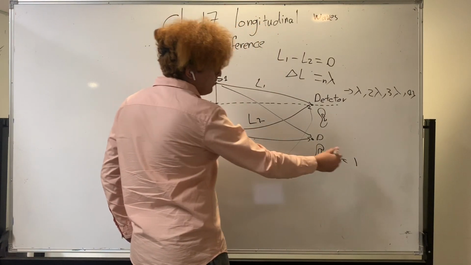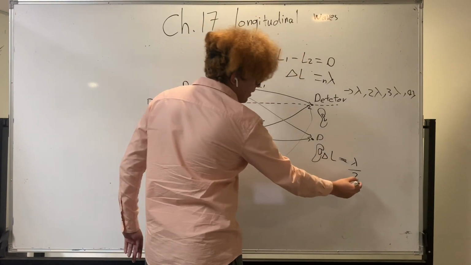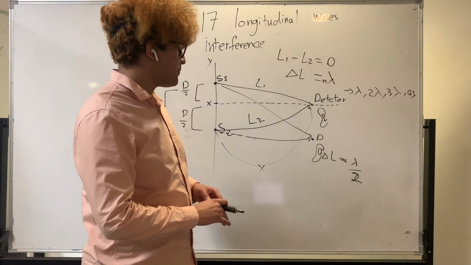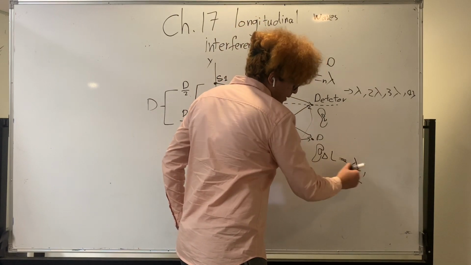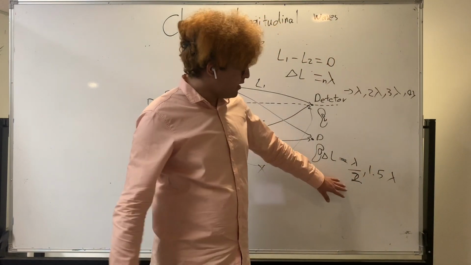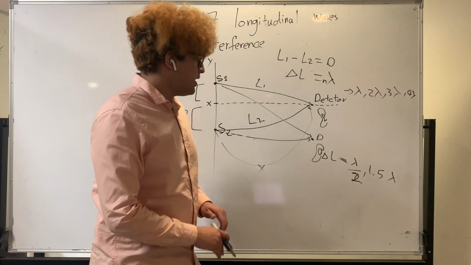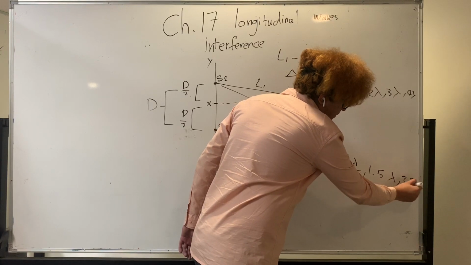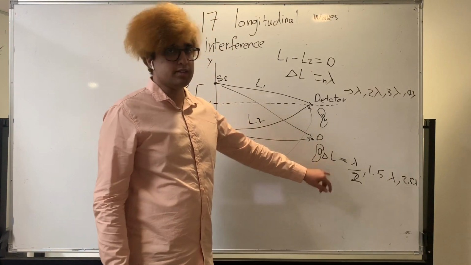And if the change in distance is equal to half of lambda, then we're going to have completely destructive interference. If you add 1 lambda to this value, you're going to have 1.5 lambda, in which you're also going to have completely destructive interference. If you keep adding lambdas, like 2.5 lambdas, you're going to have completely destructive interference as well.